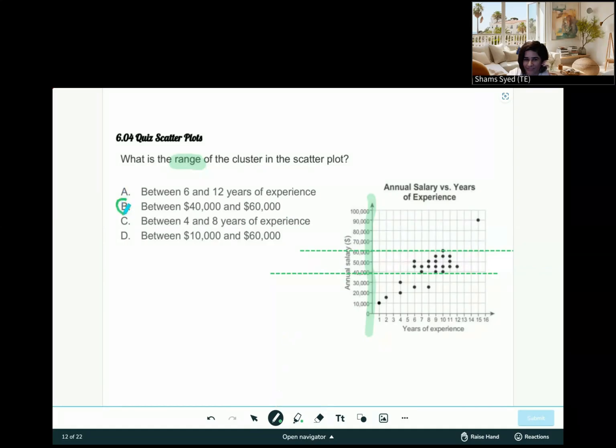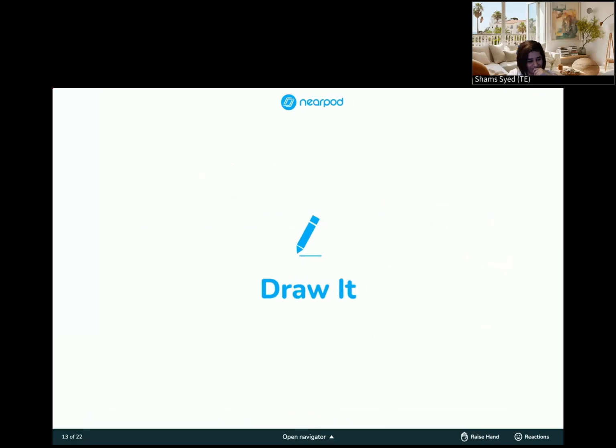We ignore the spread out and scattered dots when we talk about our range. That is why I'm hosting the session, so I can talk about it and things will make more sense. Let's try the next one, how you plan to answer it.